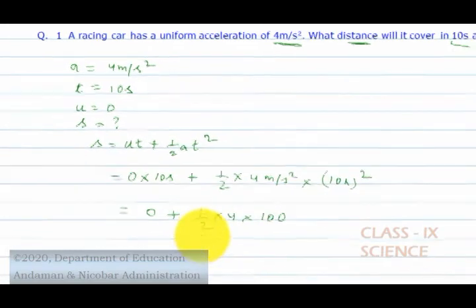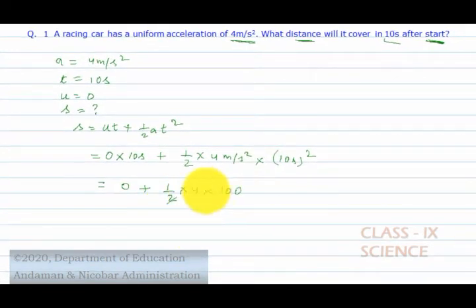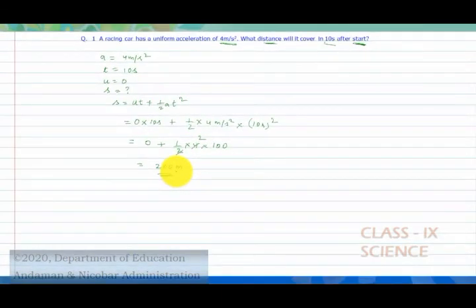So by solving this, 2 2s are 4, we get 200 meter. So this is our required answer. So when the racing car has a uniform acceleration of 4 meter per second square, after 10 seconds of start, the racing car will cover a distance of 200 meter.